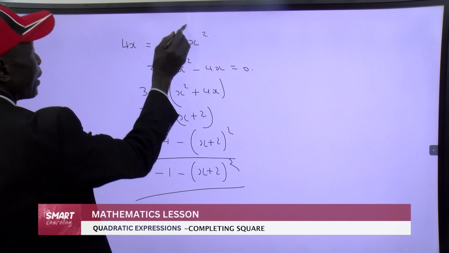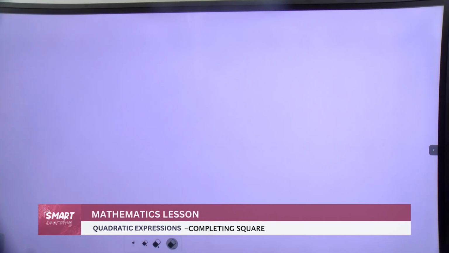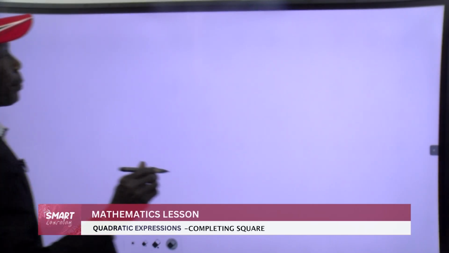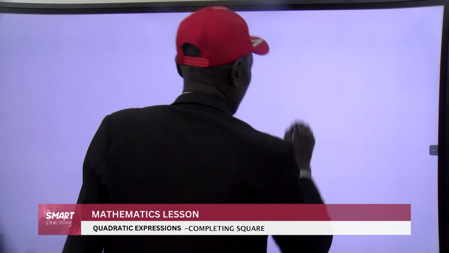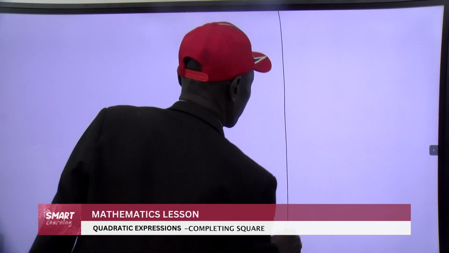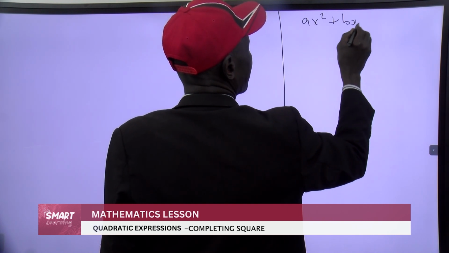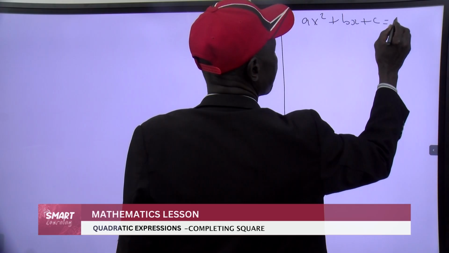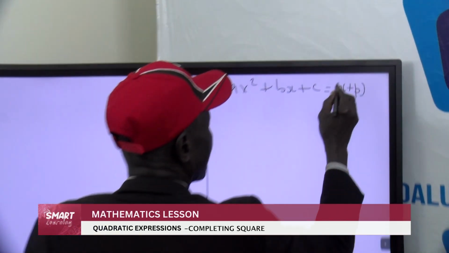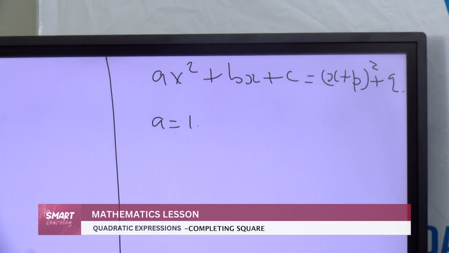Now, the final part of our equation should be the formula so that you'll be able to remember. I'm going to write them here. So when I have ax squared plus bx plus c, I want to write in the form of x plus p squared plus q, and our a equals 1.